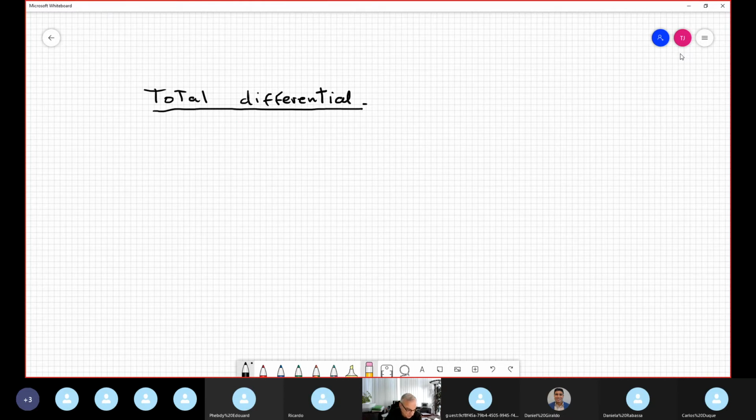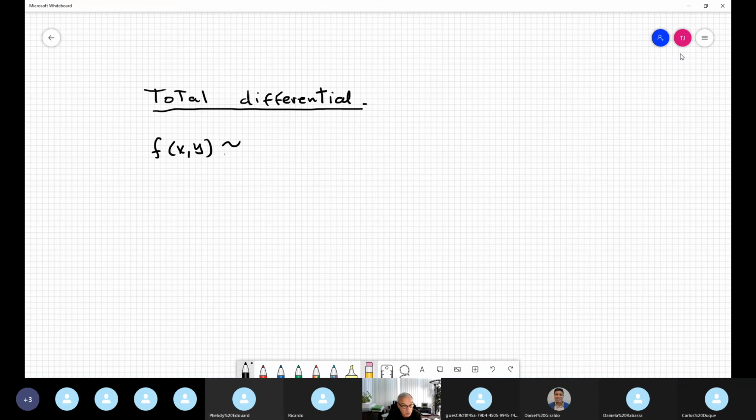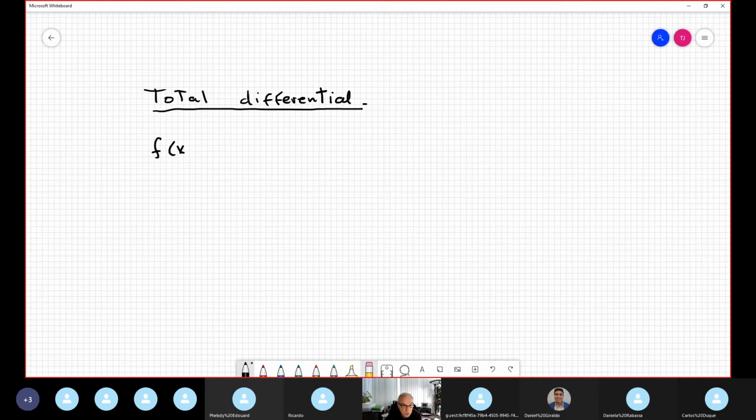Let me copy one more time the equation for the tangent plane. f(x, y) is approximately the linear approximation, which is the tangent plane.